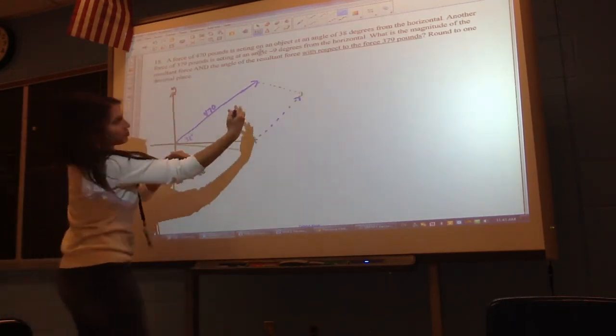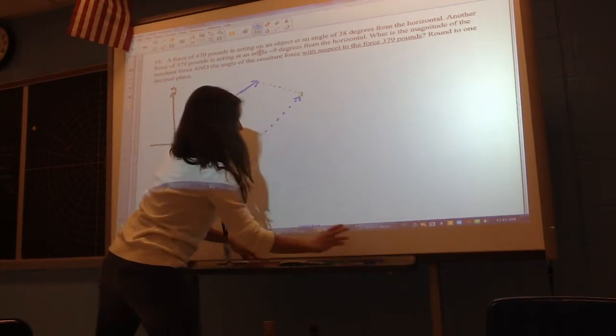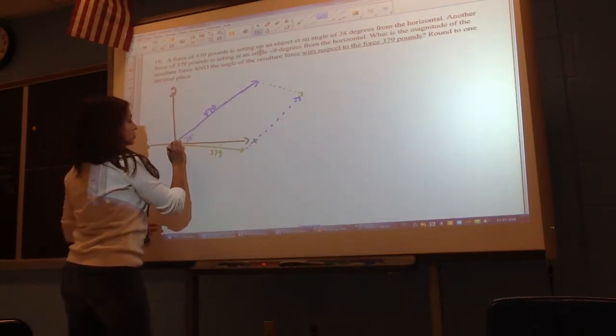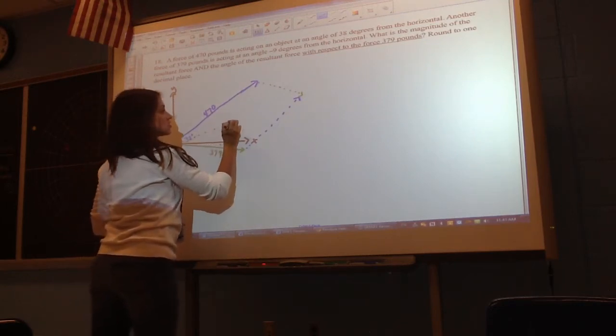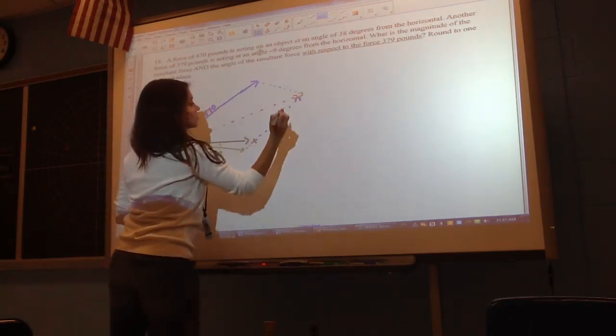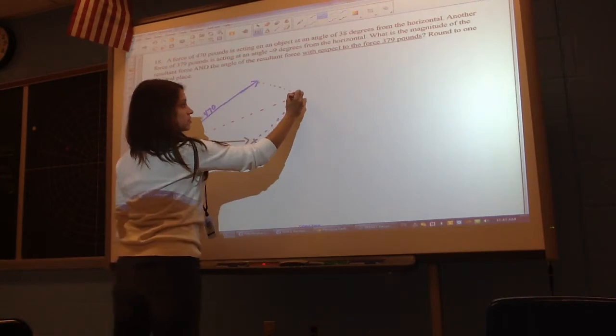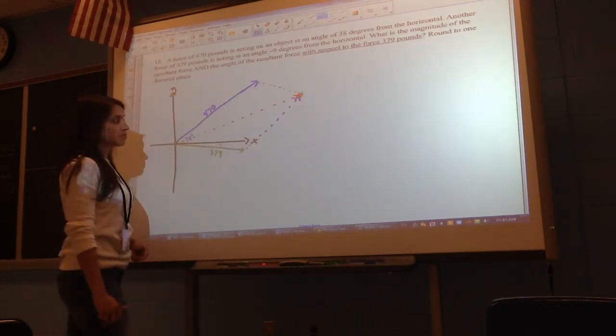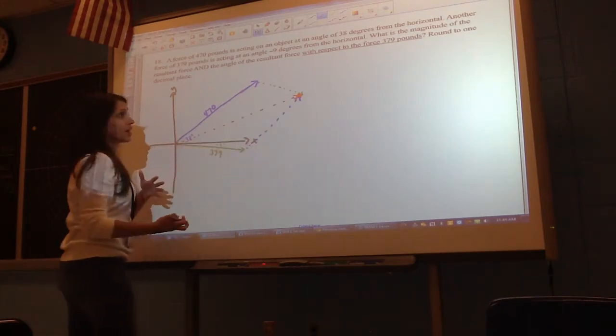Remember, these are supposed to be parallel and these are supposed to be parallel, but the resultant is what I get when I add these two vectors together. Which, if I draw this resultant, this point right here is the terminal point of my resultant. So this is what I'm trying to find.